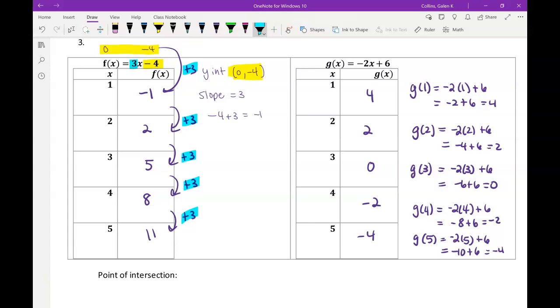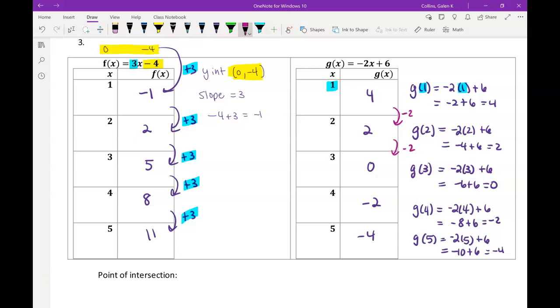So again, what I mean by plug-in value, excuse me, I am so tired, I substituted 1 for x, and I evaluated the function. Both these methods work. I think the method on the left is more efficient, but either method will help us complete the table. And I can still see in my table that my slope is -2 because I'm decreasing by 2.